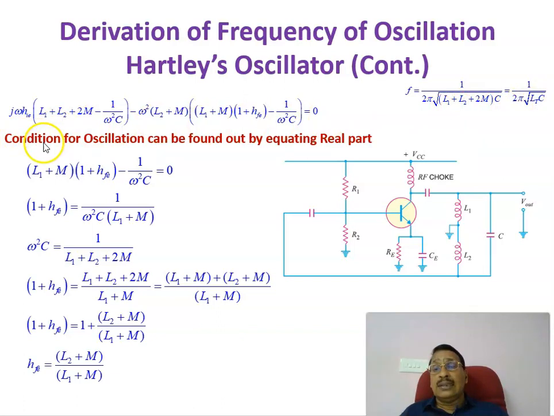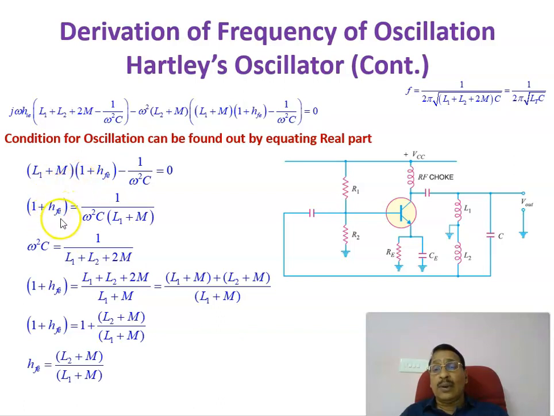Now the condition for getting this oscillation can be obtained by equating the real part of this equation to 0. Equating the real part to 0: (L1 + M)(1 + HFE) minus 1 by omega square C equals 0.